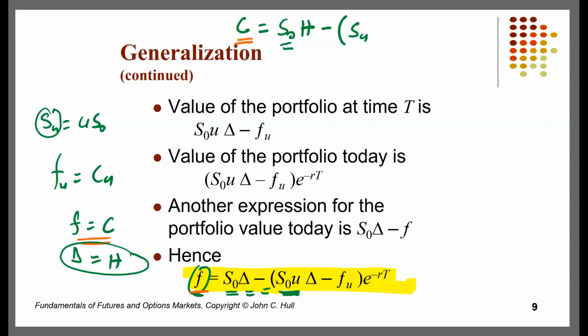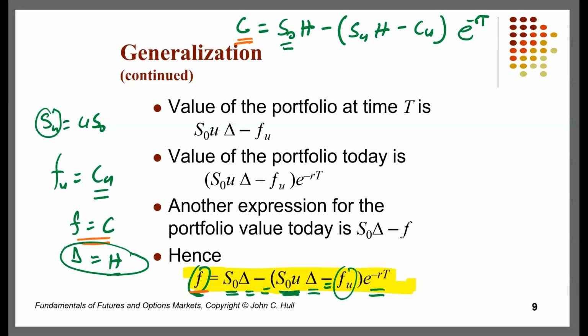That's S0 multiplied by U. Delta, again, remember that delta is h, multiplied by h, minus, so that's a minus. FU, we say that as call up, so that's going to be call up. And then when we close that, we say present value. So let's arrange this.